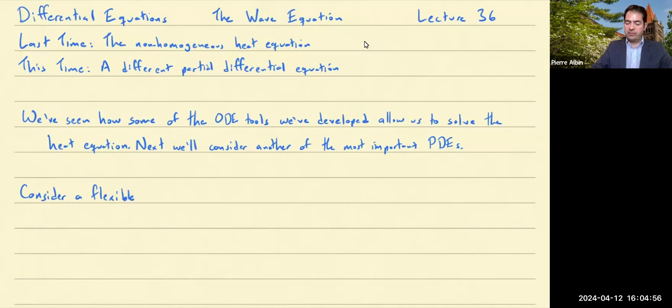Let's consider a flexible elastic string stretched tightly between supports that are fixed at the same horizontal level.